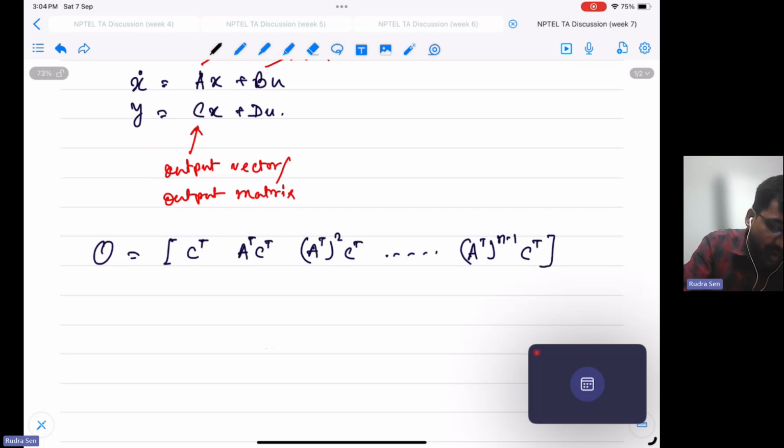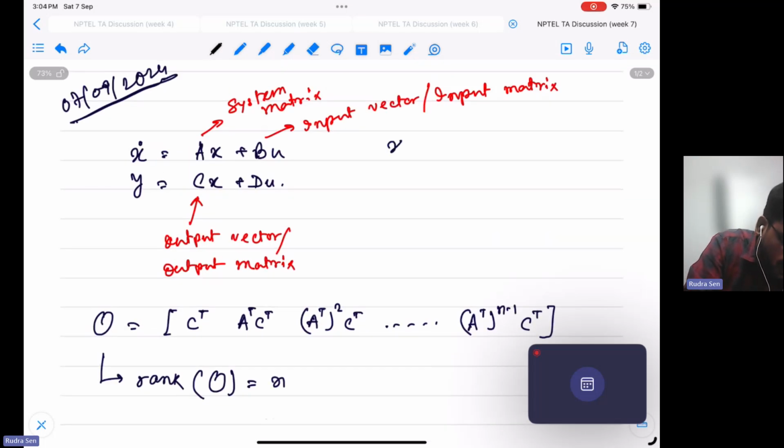The rank of this matrix O should be n. Let's say my x belongs to an n cross 1 vector, and A is an n cross n matrix.